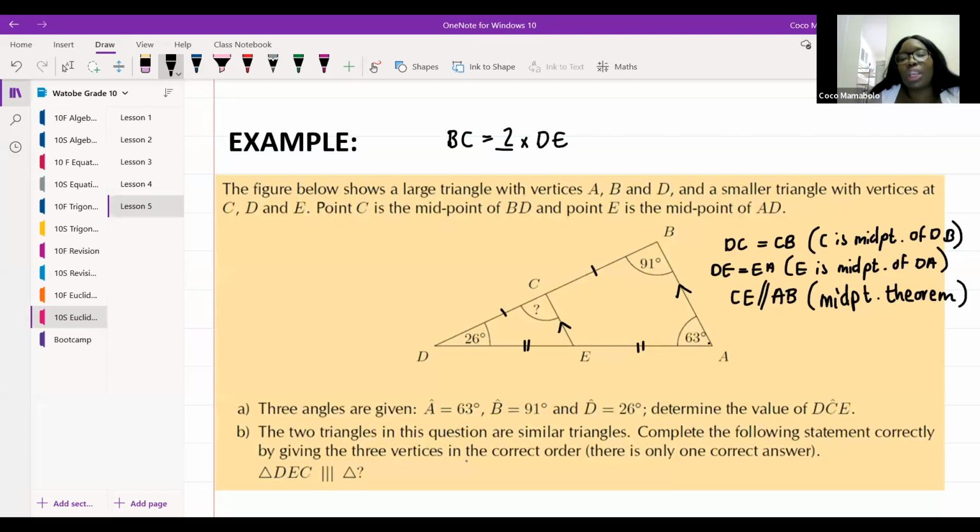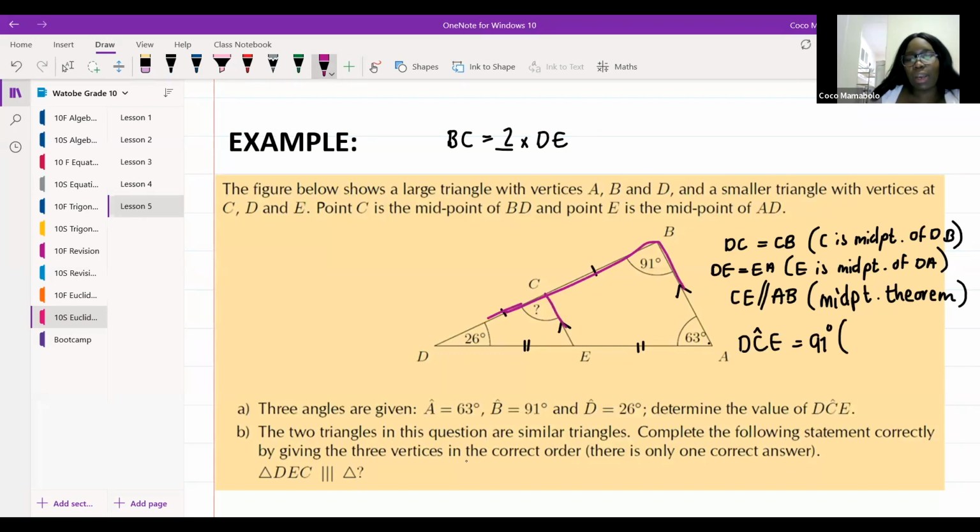What conclusion can we then make about C? We can then say that angle DCE is equal to what? How much is it equal to? Look for the F, guys. That's it. DCE is equal to 91 degrees. What is my reason? There's my F, guys.